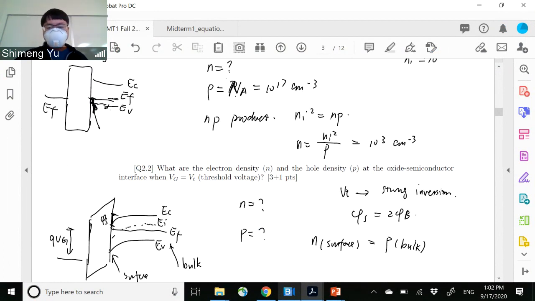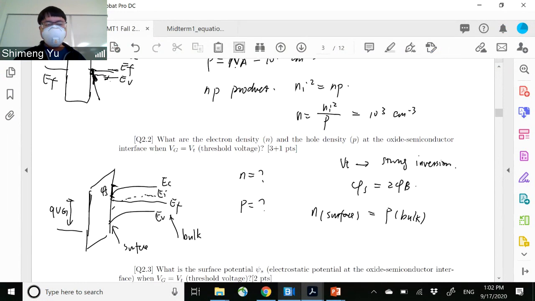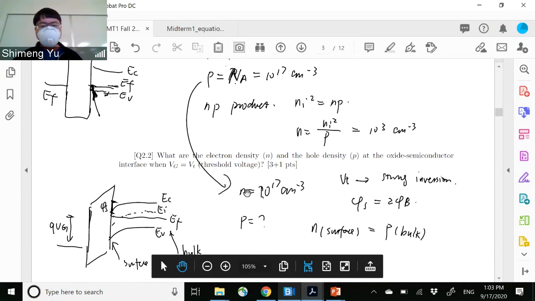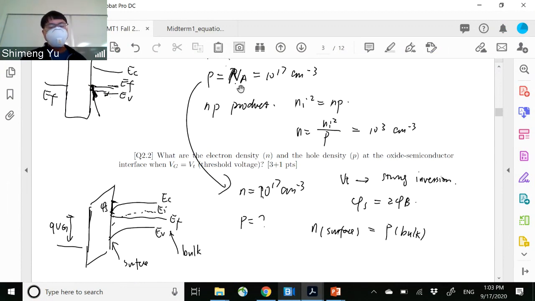So you can actually get this right away because you have done question 1. In question 1 we got P bulk is 10 to the power 17. Now the N surface should be the same as the P bulk. So this one should be 10 to the power 17 now, because the surface changes from p-type to n-type. And by definition, at the threshold voltage, this should be as strong as the p-type in the bulk. So this is a strong inversion.